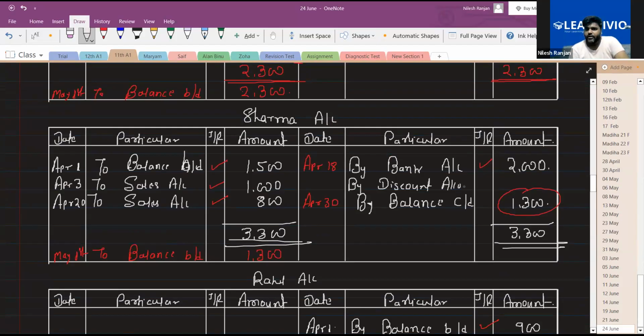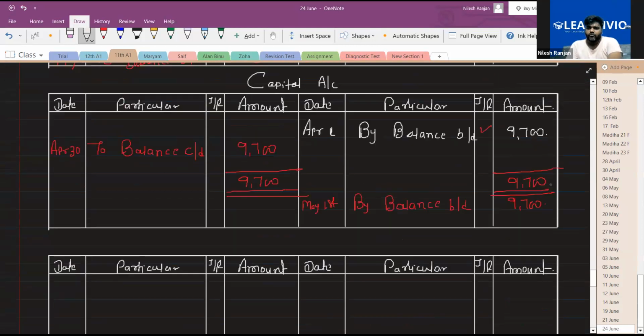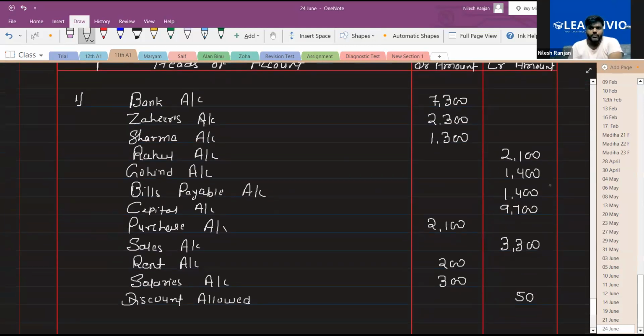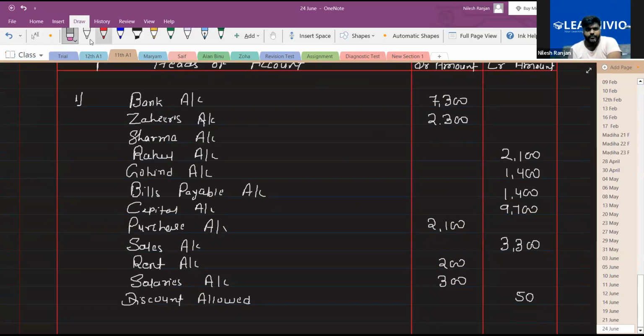Discount allowed 50. The balance will be 1,250 here. Sharma, it is 1,250.